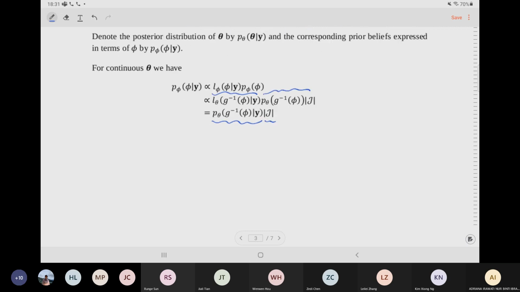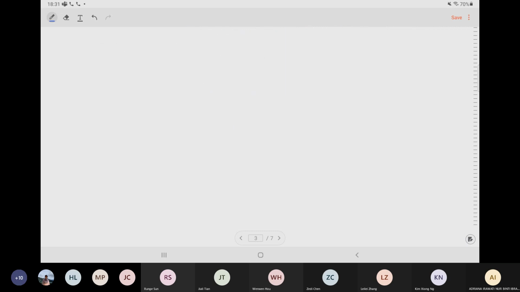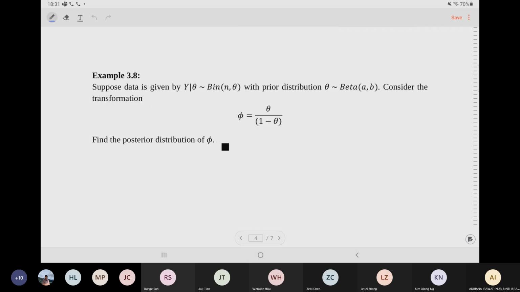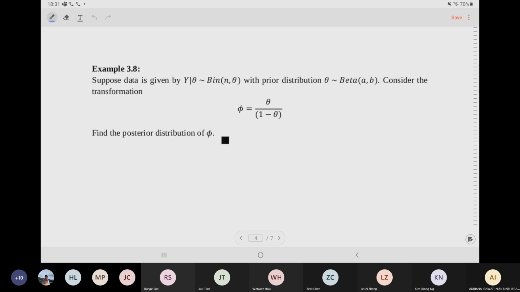Okay, right. Now we're going to look at an example. You might be wondering how we are actually doing this. So we have your data, y given theta, with a beta prior, right? And you're using the odds for the transformation, phi equals theta over 1 minus theta.